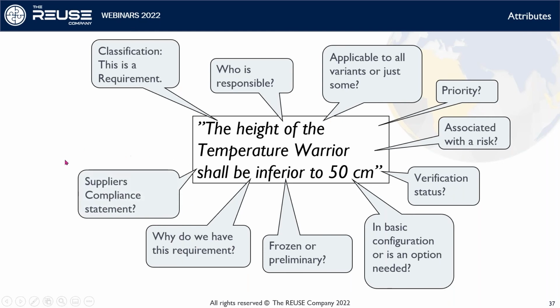And if you again involve external or internal parties, is there some sort of commitment to compliance? Are there any problems with this? Or changes: has something been suggested, proposed or approved? So as you can see, it's easy to identify a number of things that could be good to manage along with this requirement statement as such.